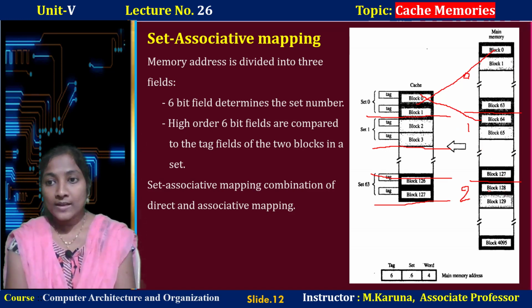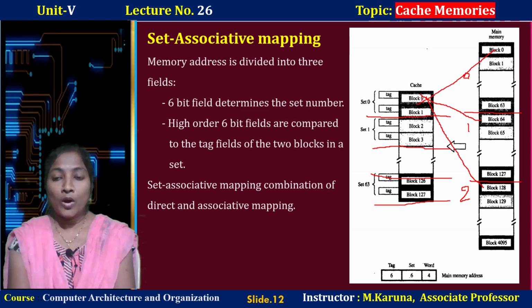Likewise, for the next group, that block can occupy any one of the block 0 or block 1 space, any one of the set 0 blocks. So block 0 of main memory can occupy either the block 0 or block 1 space of set 0 of the cache memory.